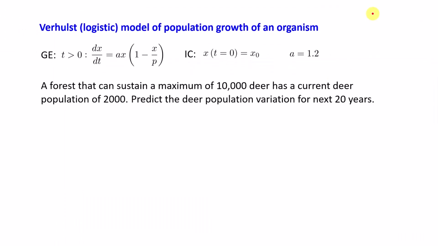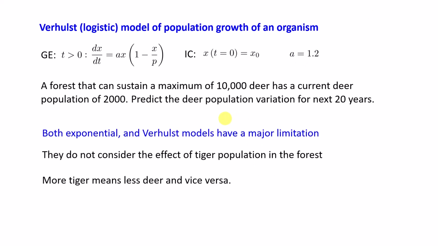You remember this was the problem that we were solving, and we have solved the problem. Now you see that both the models have certain major limitations. The limitation in this case is that they do not consider the tiger population that could be in the forest. So a tiger can actually kill some of these deer, and that would be one of the reasons that the deer population will come down.